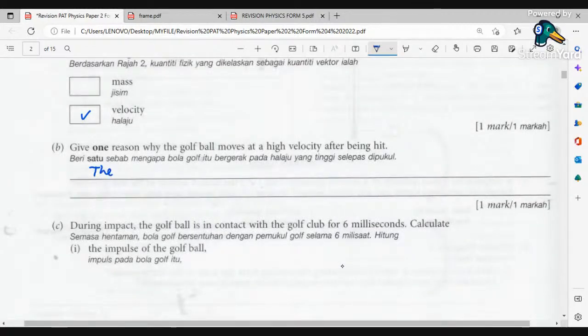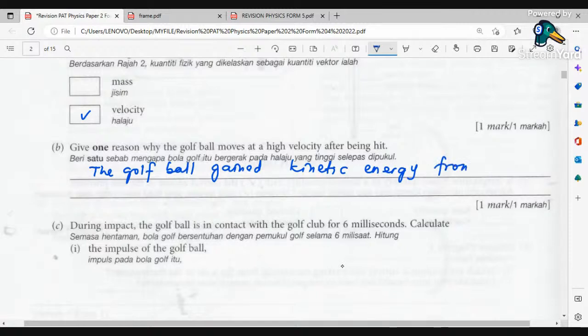So the golf ball gains kinetic energy, transferred from the golf club.